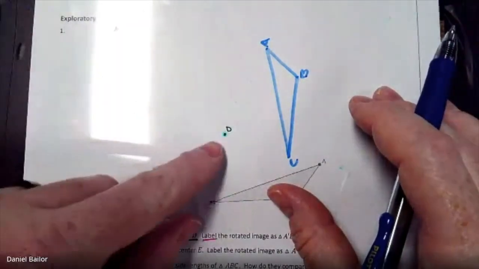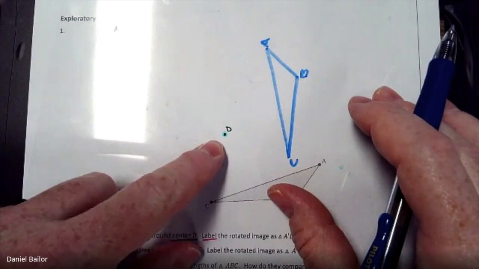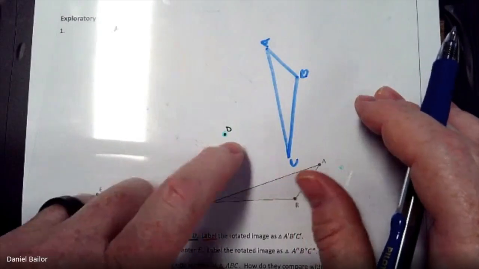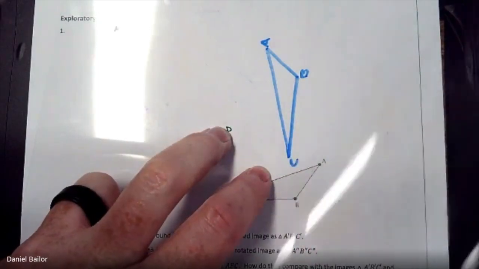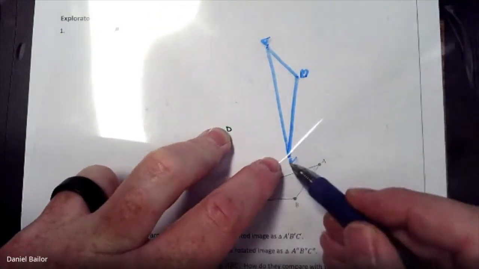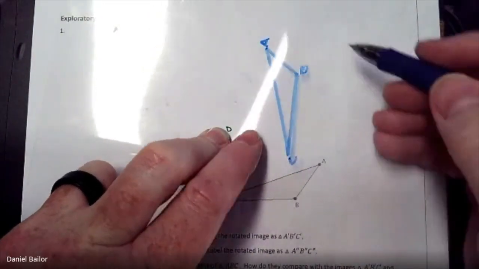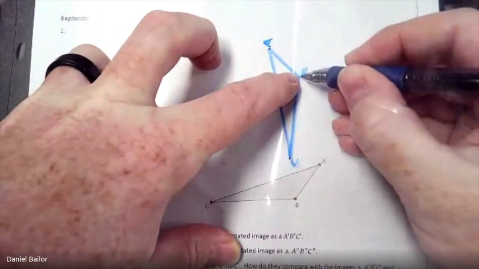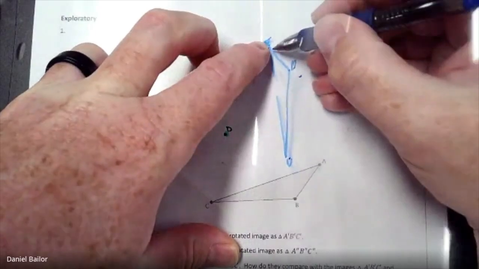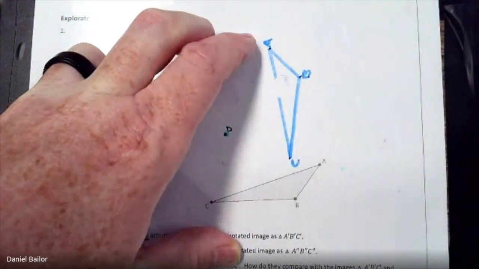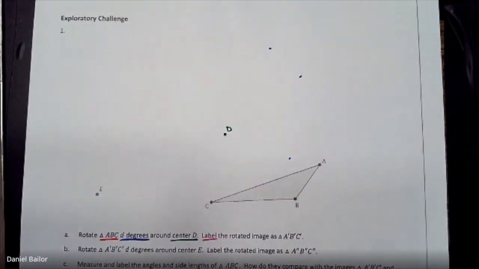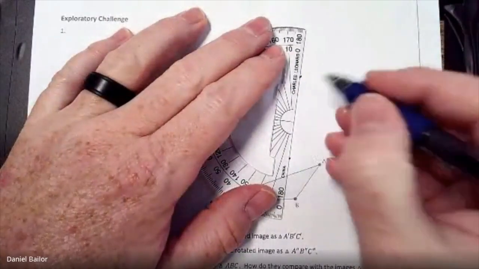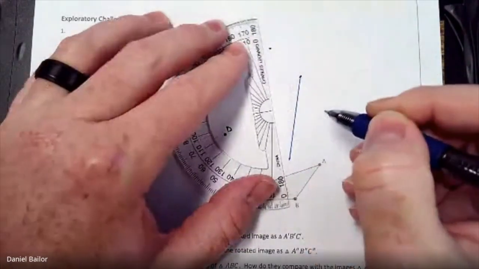So my green mark is still on D, so I know I rotated around D. And now I'm ready to sneak my pen under the transparency, and I'm going to mark C. I'm going to mark B, and I'm going to mark A. And then I'm going to get my straight edge, something straight that you can use to connect the dots and put the triangle. So I'm going to connect there.